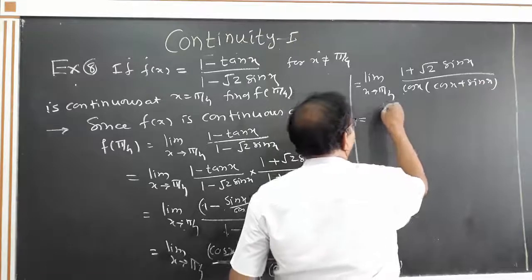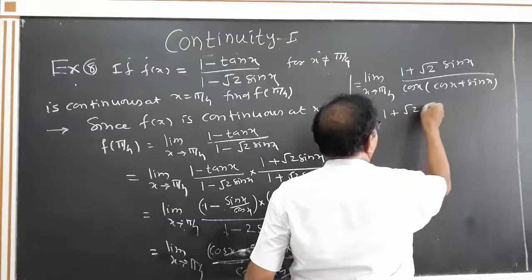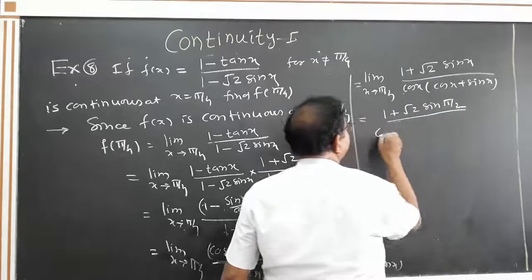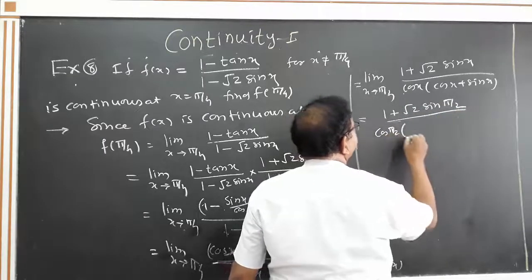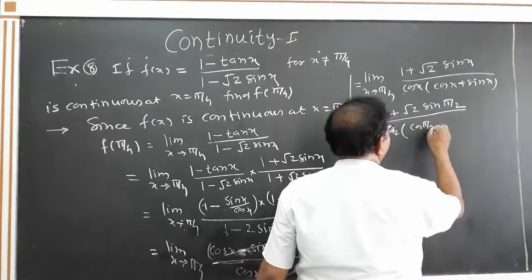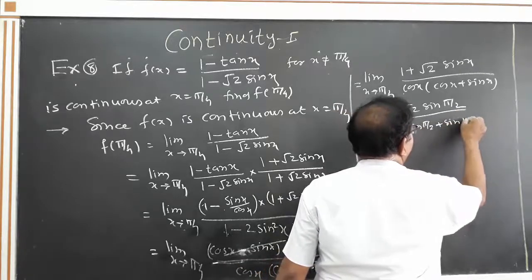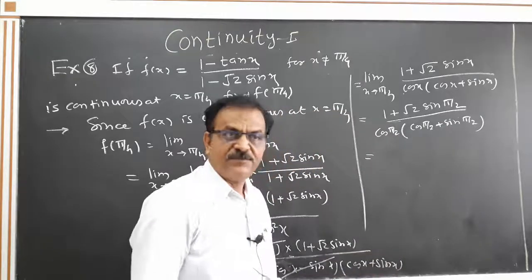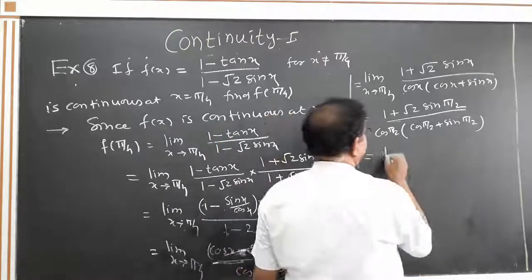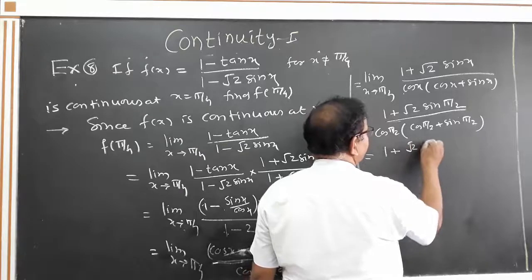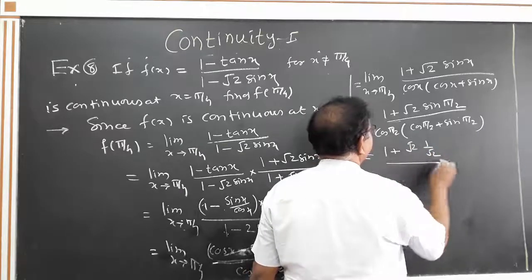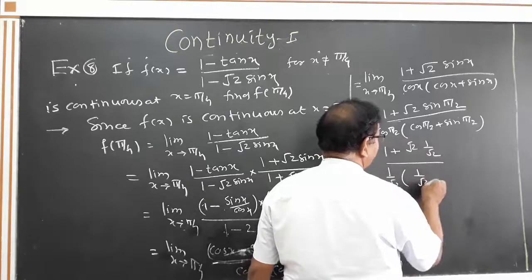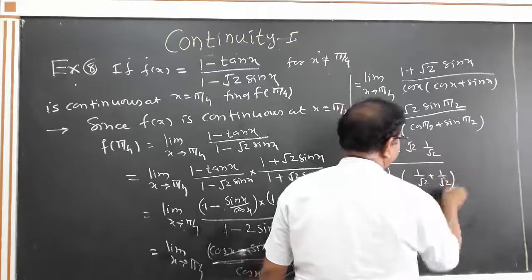This is equal to 1 plus root 2 sin pi by 4 divided by cos pi by 4 into cos pi by 4 plus sin pi by 4. We know that cos pi by 4 is 1 by root 2, sin pi by 4 is also 1 by root 2. Therefore 1 plus root 2 into 1 by root 2 divided by 1 by root 2 into 1 by root 2 plus 1 by root 2.